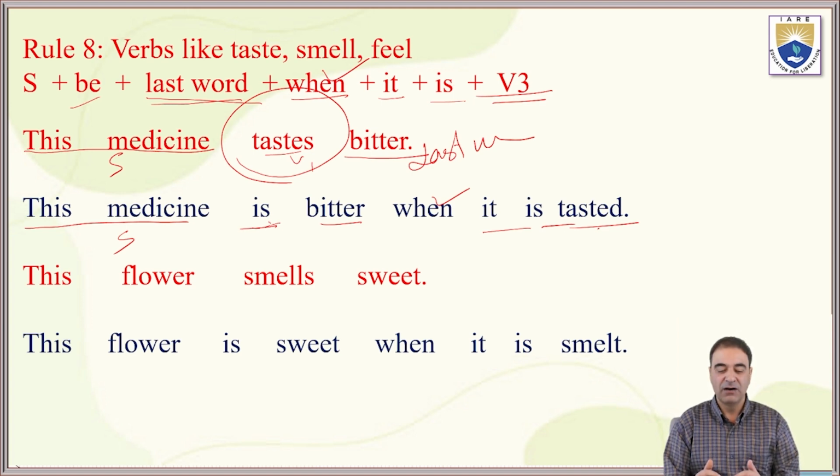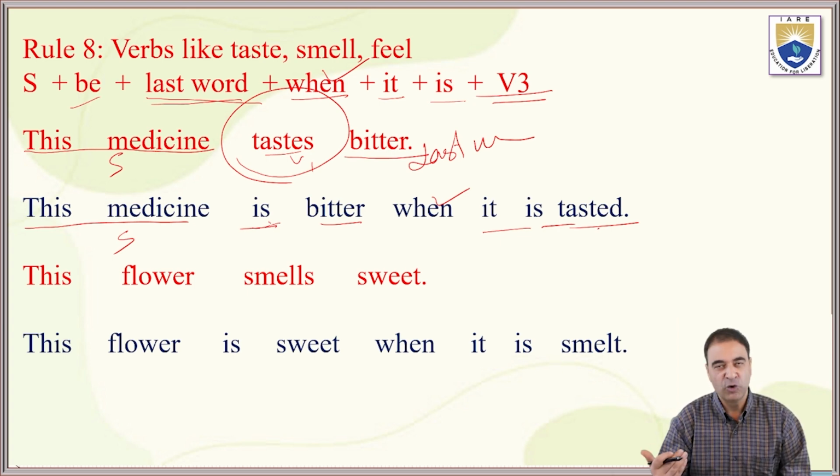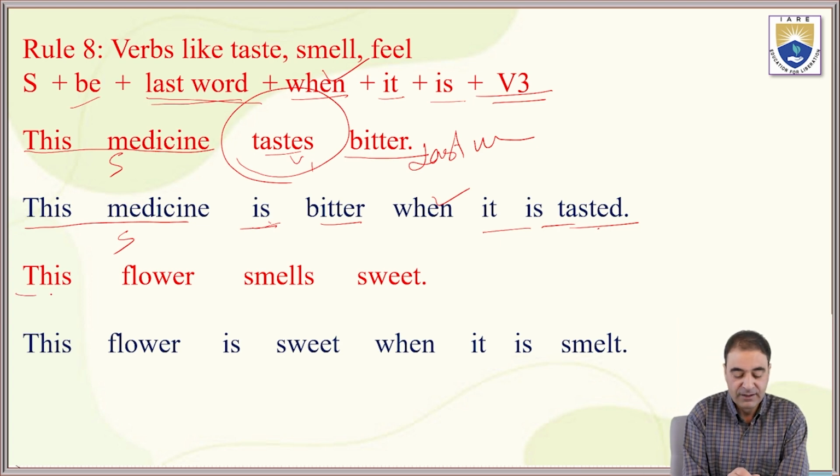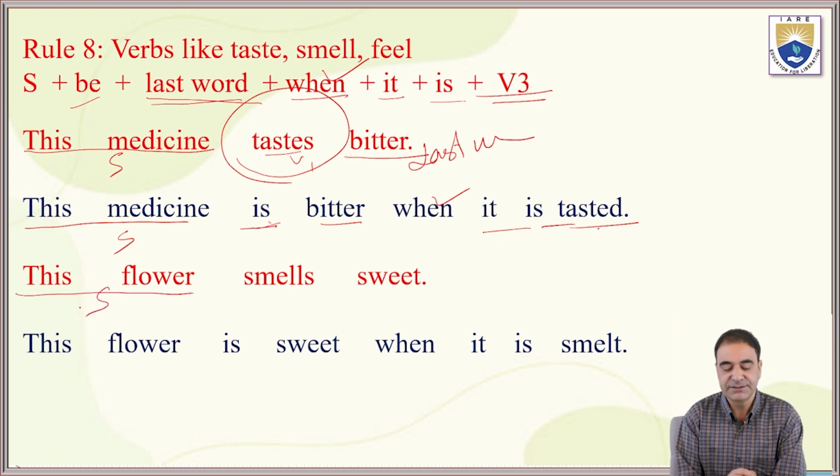Remember, if we have verbs like taste, smell, or feel in a sentence, how do we change the sentence? First, we write subject, then be form of verb, then we put the last word, and then when. Then we have to write it is, and verb in third form. Now, look at the second example. "This flower smells sweet." This flower is the subject, then we have smells, the verb in first form, and here sweet is our last word.